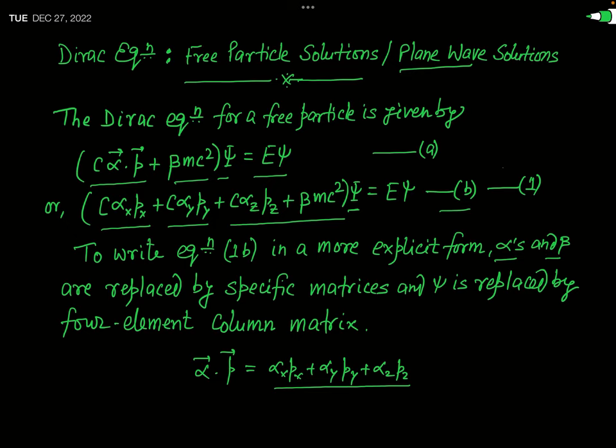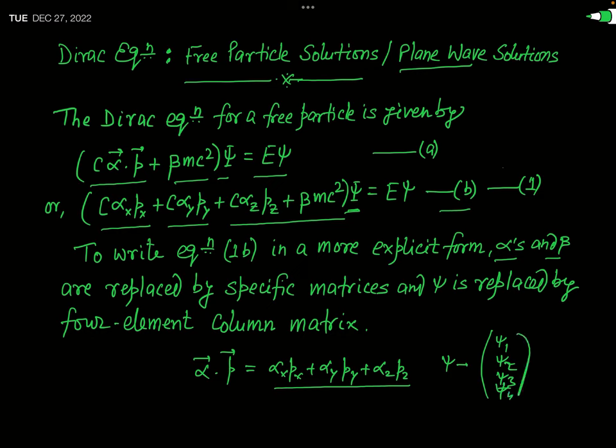You have learned in the previous lecture that in four-dimensional space, this psi has 4 components, and these 4 components you can express as a column matrix. So instead of psi, we write simply a column matrix psi 1, psi 2, psi 3 and psi 4.